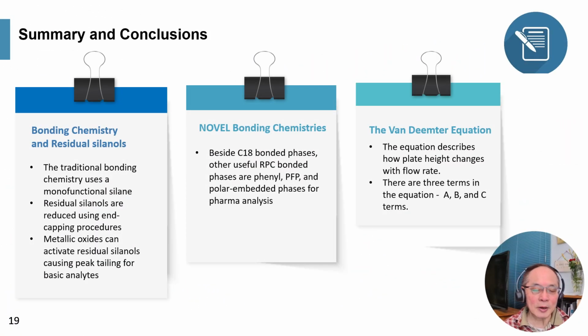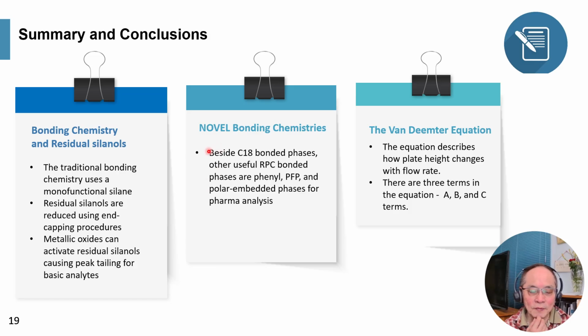So here's my summary and conclusion. Bonding chemistry and residual cyanide: the traditional bonding chemistry uses monofunctional silane. Residual cyanide numbers are reduced using end capping procedures. Metallic oxide can activate residual cyanide groups, causing peak tailing for basic analytes.